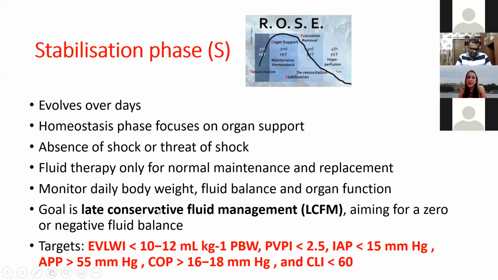We have to monitor the daily body weight, fluid balance and organ function, and we might go in for late conservative fluid management, aiming for a zero or negative fluid balance. The targets are an extravascular lung water index of less than 10 to 12, a PVPI of less than 2.5, IAP of less than 15, abdominal perfusion pressure of more than 55, or a colloid osmotic pressure of more than 16 to 18 millimeters mercury, or a CLI of less than 60.